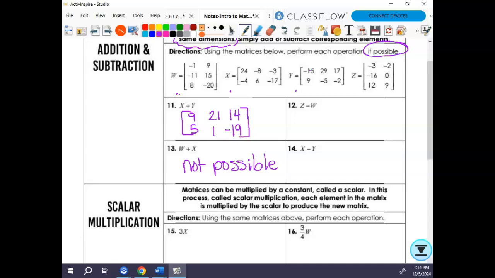Question. Why do you think this one's not possible?